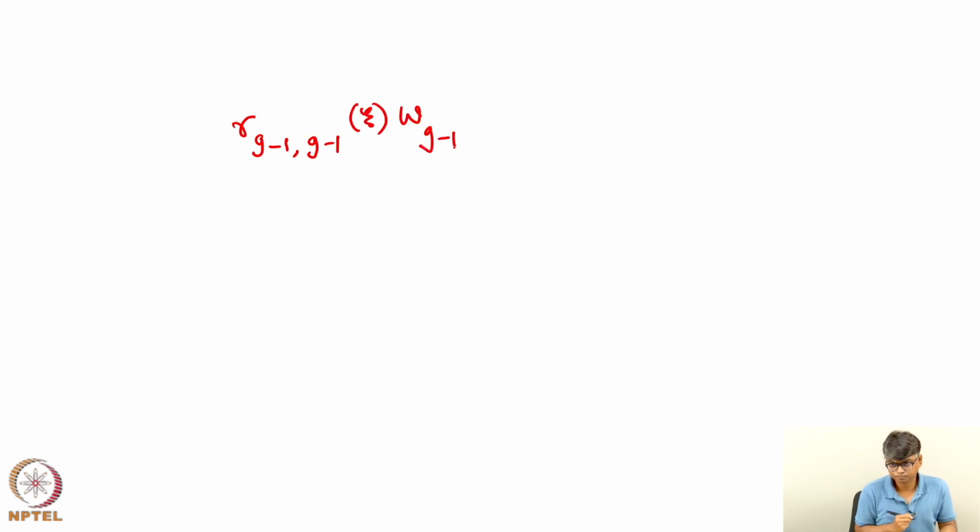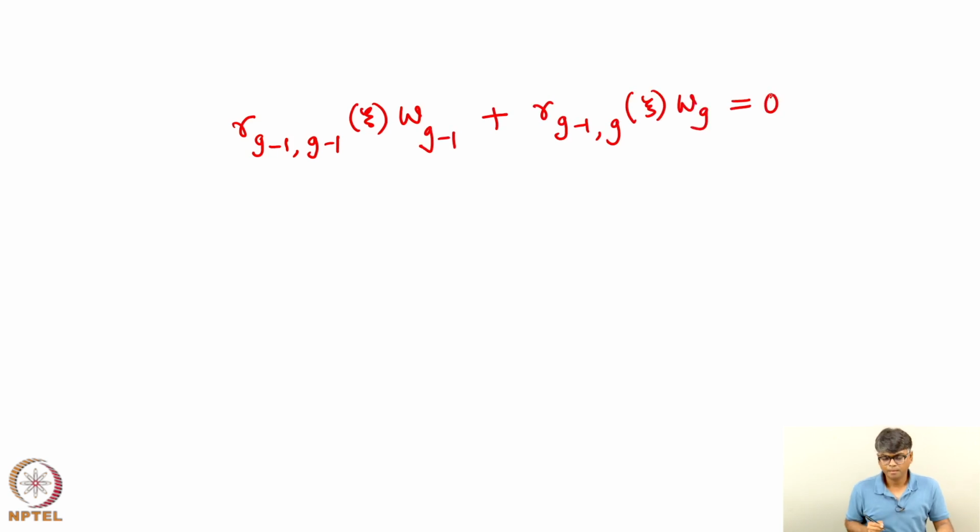Notice, we have R_{g-1,g-1} psi acting on W_{g-1} plus R_{g-1,g} psi W_g, and that is equal to 0. Back substitution would require Wg hat, what we have already obtained.